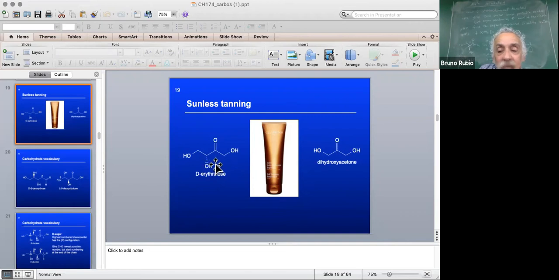The sunless tanning ointment has sugar in it, D-erythrulose or dihydroxyacetone. Your skin is made out of protein, and just your body heat is enough to cause that Maillard reaction, and pretty soon your skin becomes brown or darker in color.